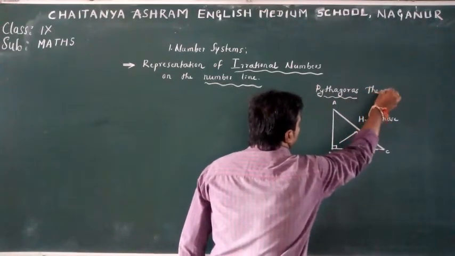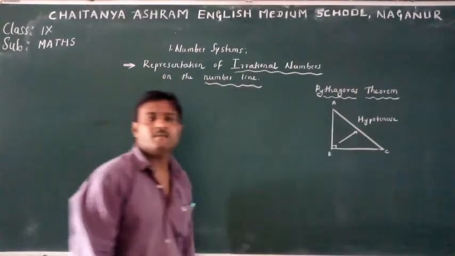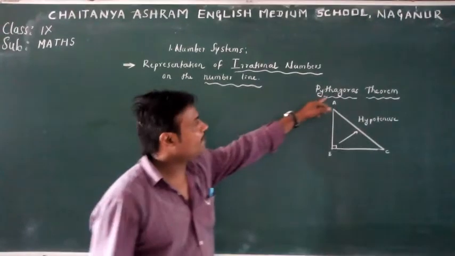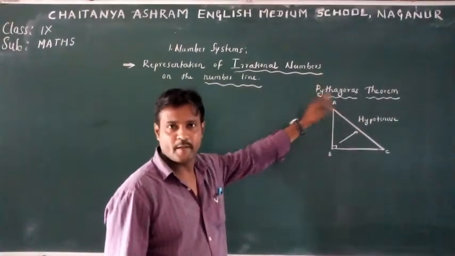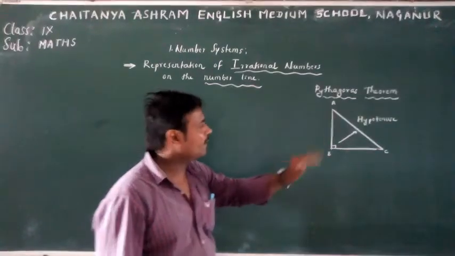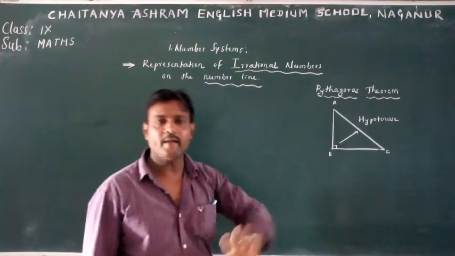That is why this statement is regarded as Pythagoras theorem. So the great mathematician Pythagoras discovered a relationship between three sides of a right angled triangle.